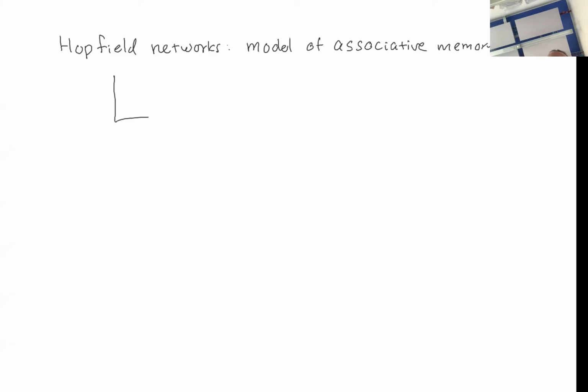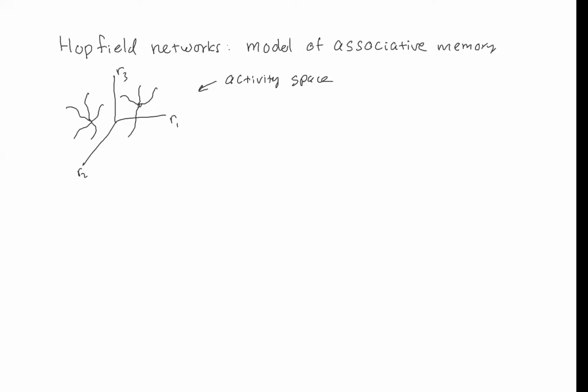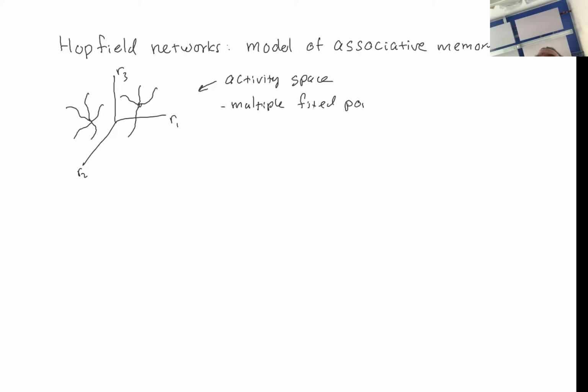The picture we have is basically this: activity space, R1, R2, R3. The idea is there are many fixed points, and each of these fixed points corresponds to a memory.